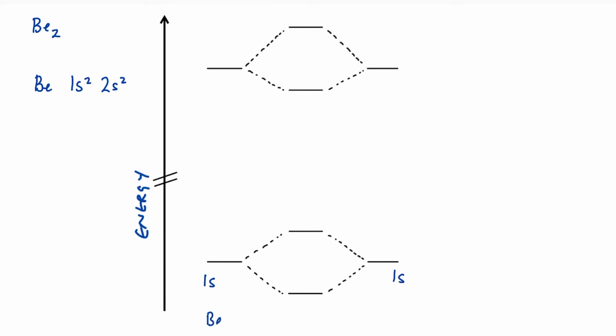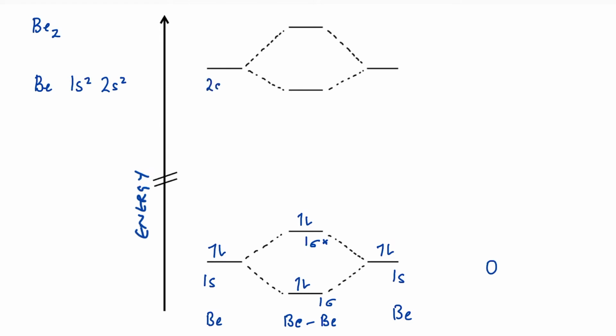These would be each for a beryllium atom, and of course the middle is looking at the molecular orbitals in a beryllium molecule. We've got our 1 sigma and our 1 sigma antibonding, and each of those would be filled. So as we've seen, bond order would be 0.